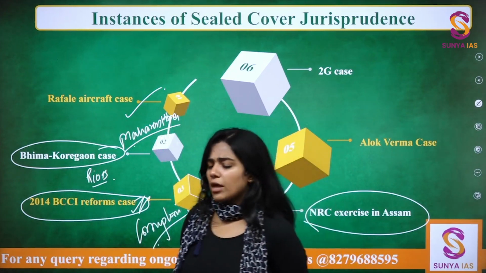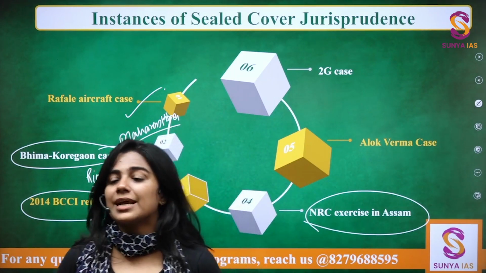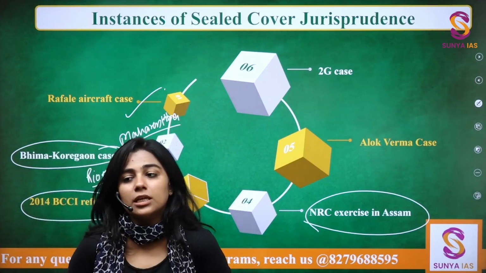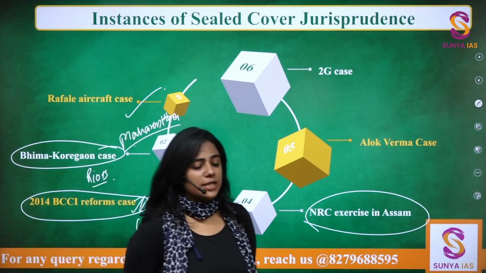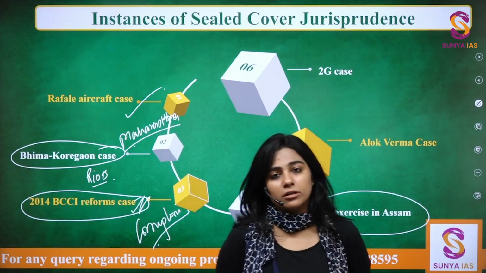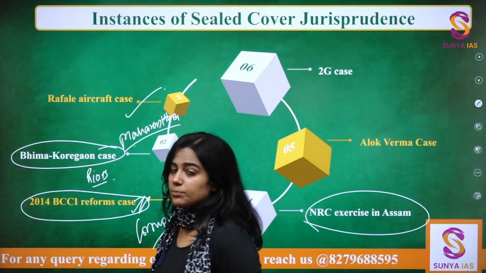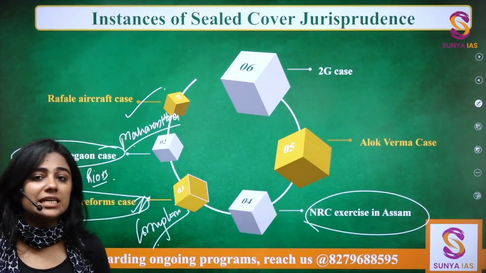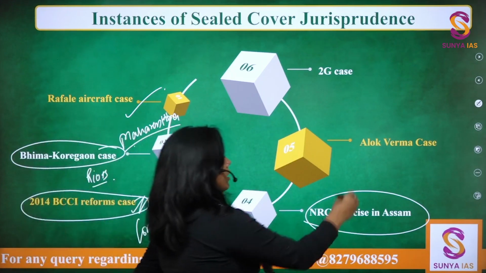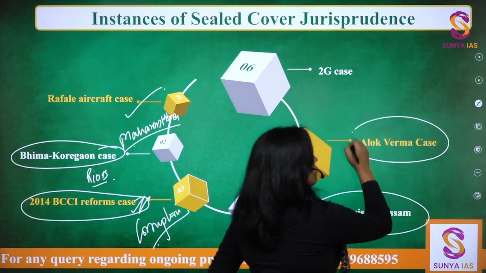So mostly, see, even before going towards the rationale, what can be the rationale, you already know that the rationale has something to do with public order, with public security, right, with public trust. So these things you have to understand, right? Then the Alok Verma case.